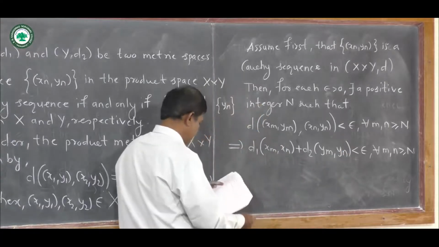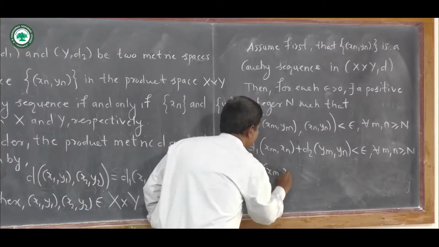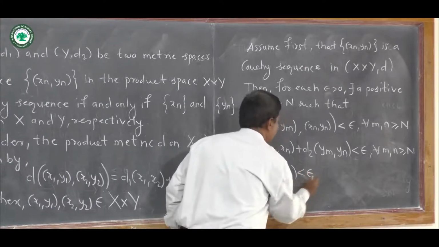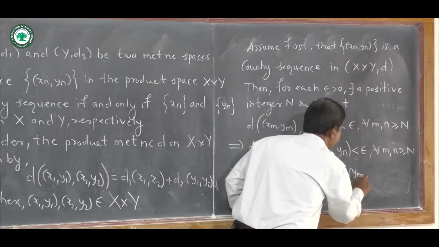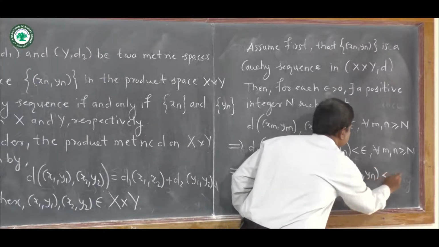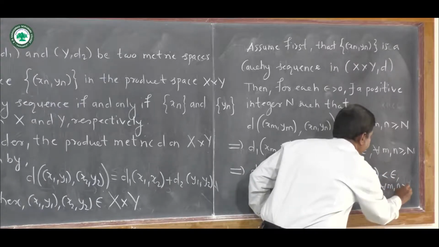So this implies that d1 of xm, xn is less than epsilon, and d2 of ym, yn is less than epsilon for all m and n greater than or equal to N.